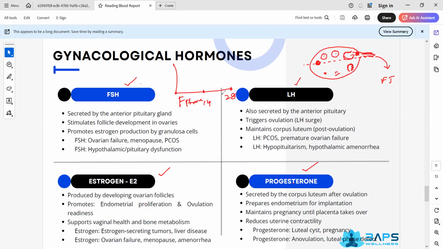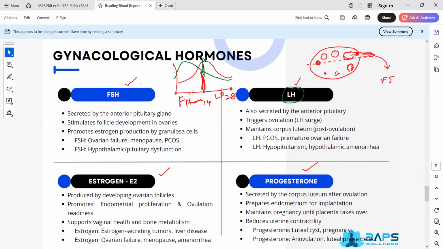The second one is the luteal phase, that is after the ovulation. FSH will come down, and LH will be more at the time of ovulation, because LH only triggers the ovulation.